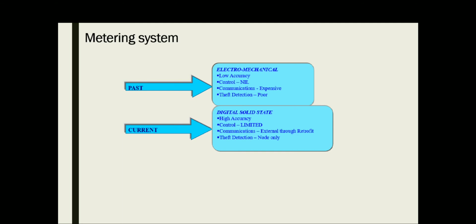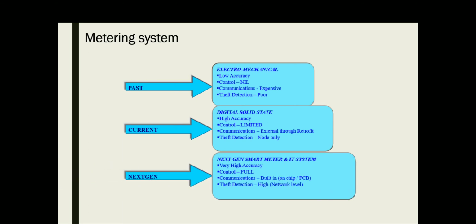Then the next generation metering systems are the smart meters. They have very high accuracy and full control. Communication is built in, and two-way communication is possible. Theft detection is high. So this is a simple comparison of the various metering systems we used in the past, current, and next generation.